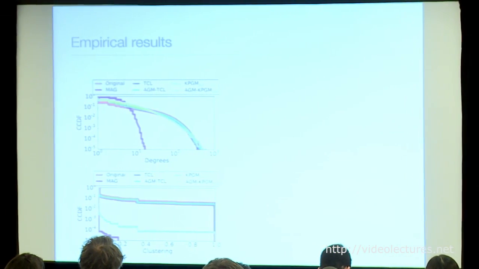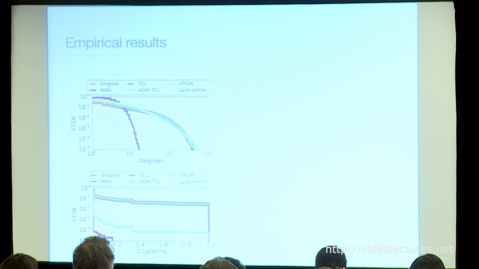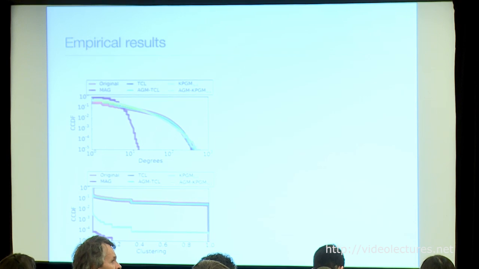In our analysis, we used Kronecker models, transitive Chung-Lu models, and Kronecker models with two sizes of seed matrices at the beginning.